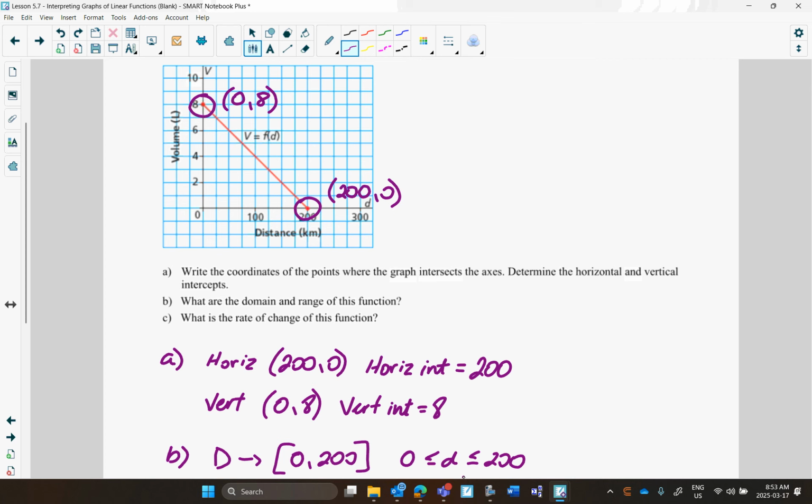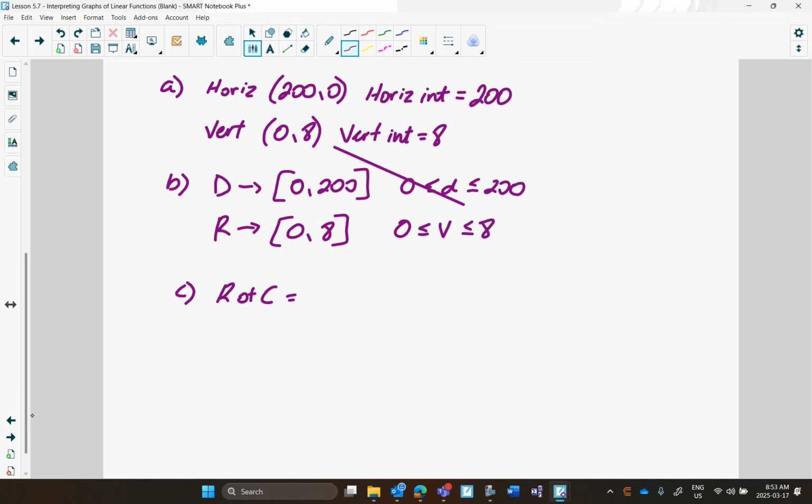So I'm going to go 0 minus 8 over 200 minus 0. That's going to give me a negative value, which makes sense, because remember we talked, if a line is climbing, its slope is positive. If a line's going down, its slope or rate of change is negative.